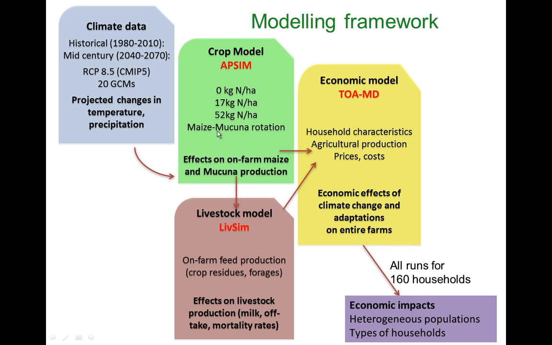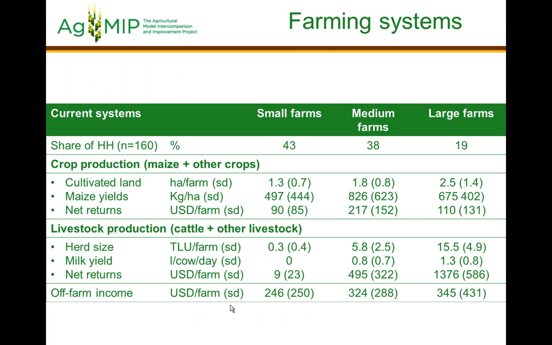And mucuna is a leguminous fodder crop. So it brings nitrogen into the system, which is good for the other crops, but at the same time it also produces a high quality forage, which we hypothesized would have a positive impact also on the livestock.